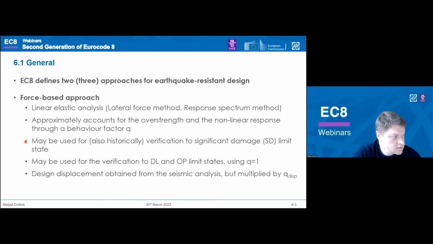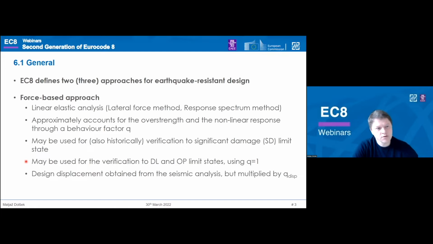I will not discuss this in detail because, as was presented before, the return period of the ground motion parameters which are used for the verification of the significant damage limit state is related to the return period of 175 years, and this is 10% probability in 50 years, which means that there still needs to be some safety margin to the collapse of the building. Otherwise, we will not be safe against the ultimate or the main goal of the code, which says that we should protect human lives.